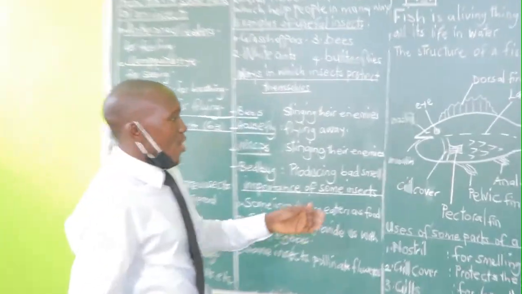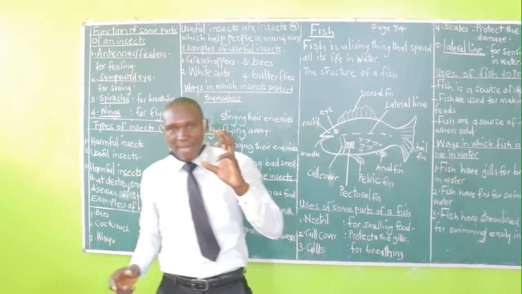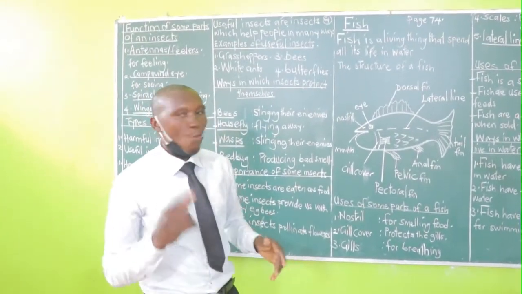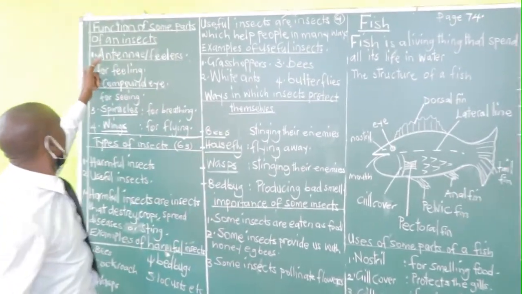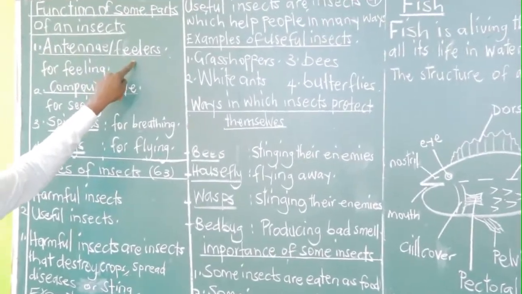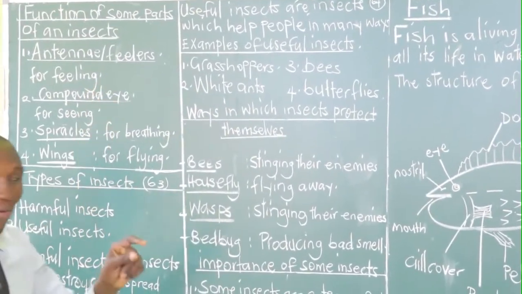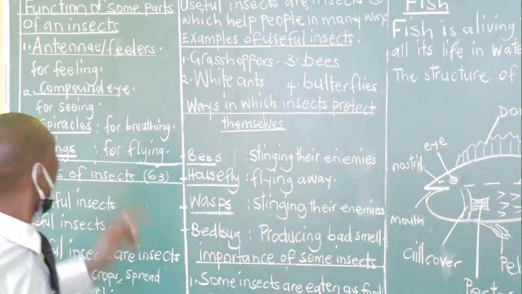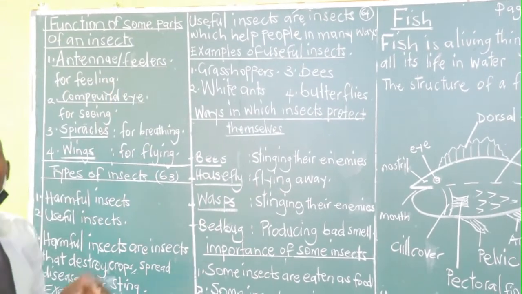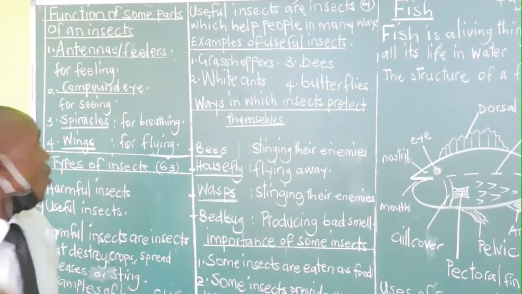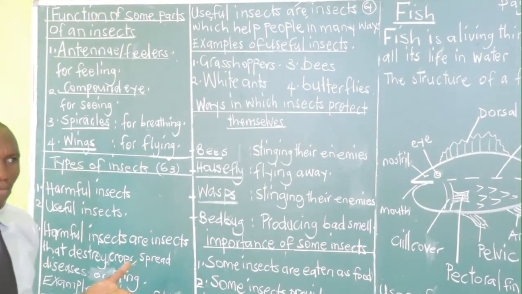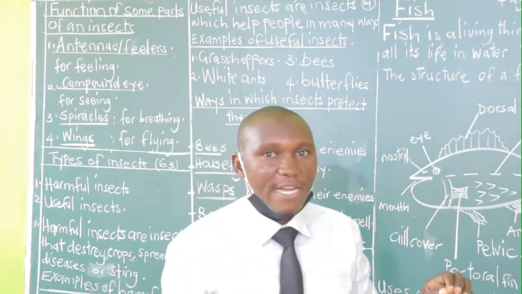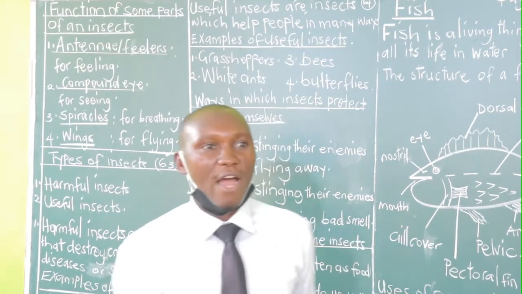As we looked at the parts of that insect, those parts have functions. One, we looked at the antenna, the feelers. What are the feelers used for? Feelers are used for sensing danger, sensing that there is something coming that may be dangerous, then the insect will run away.